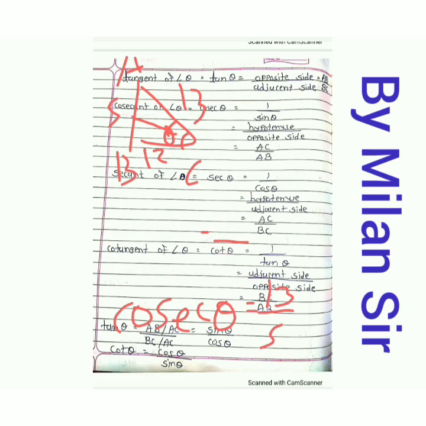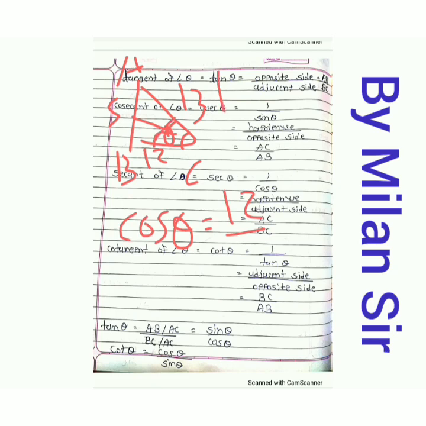Then cos theta is equal to adjacent to theta, it is 12, and hypotenuse 13. This is my hypotenuse, 5 is opposite side and 12 is adjacent side, right? Cos theta is adjacent upon hypotenuse, 12 upon 13. So inverse of cos is sec theta, it is 13 by 12, hypotenuse upon adjacent.